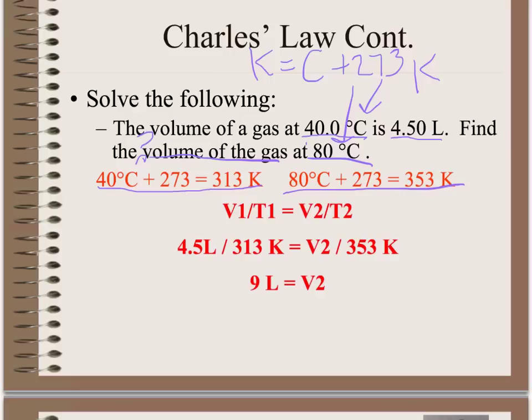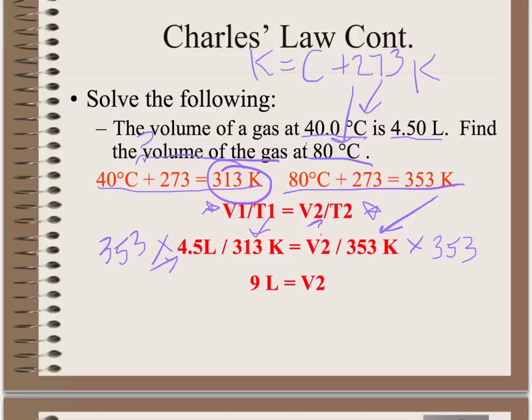Now we can plug into our Charles' law formula. V1 is 4.5, T1 is the 313 we found here, V2 is the unknown, and 353 Kelvin is our T2 from here. Now, to do the math, you have to multiply 353 on both sides.